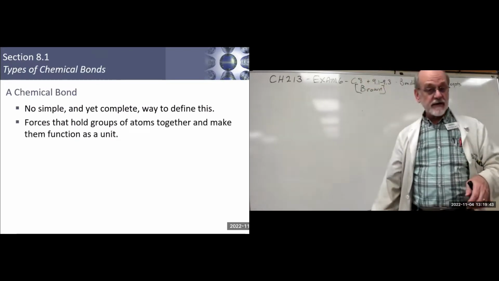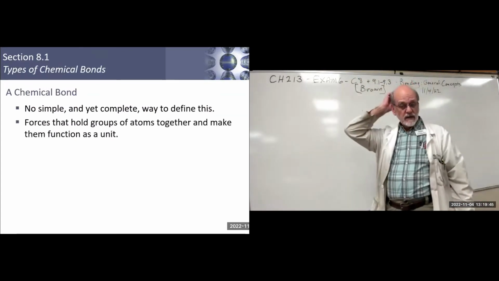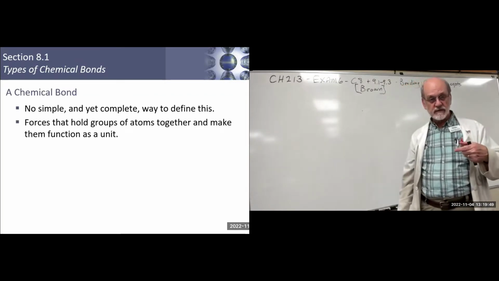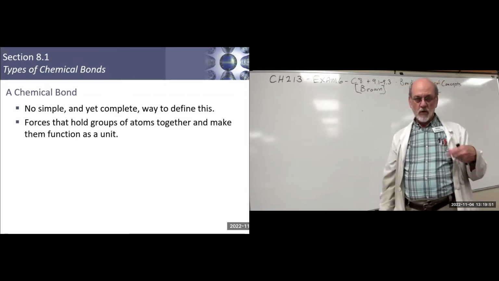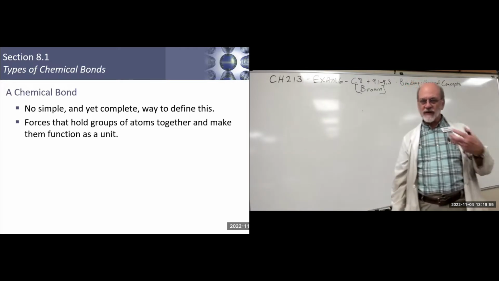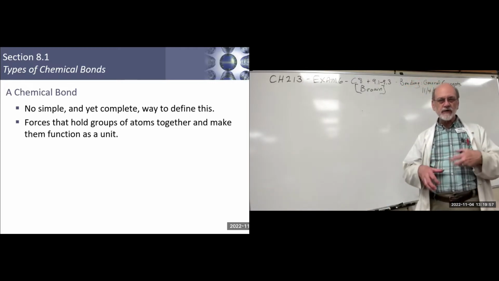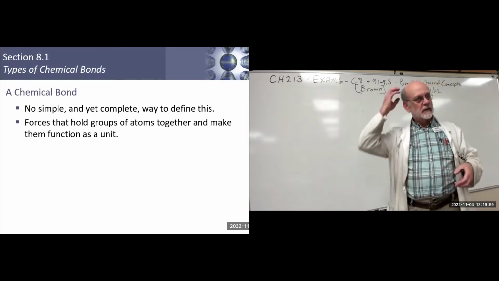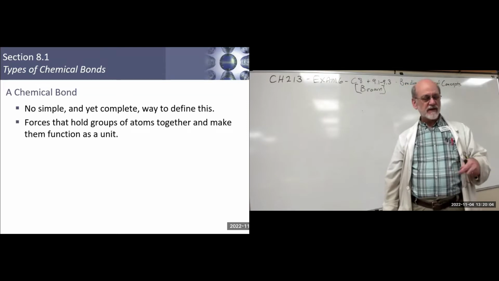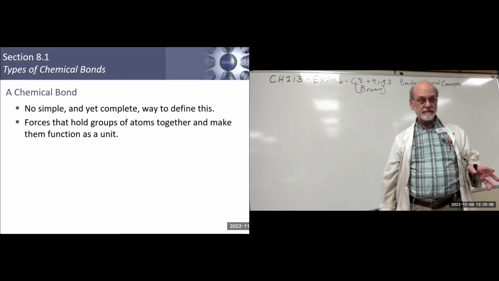So the simplest definition of a chemical bond is the force, or the forces, if there's a group of them, that hold these groups of atoms together and make them function as a single unit. That's a very general definition.